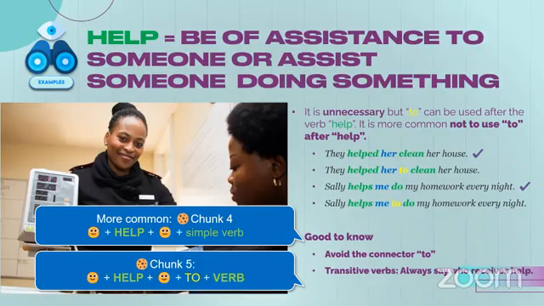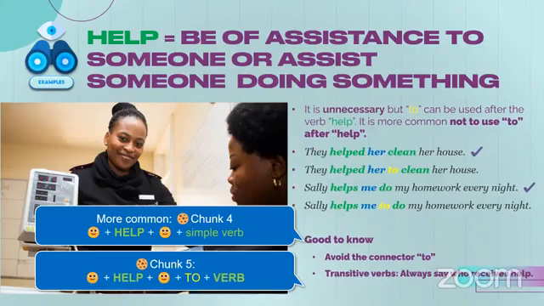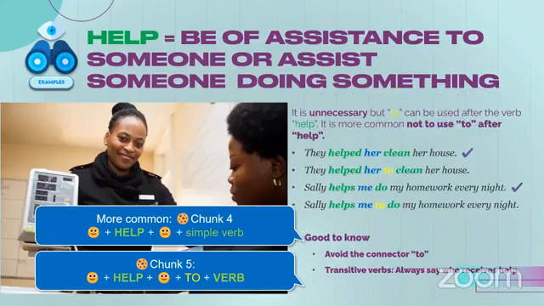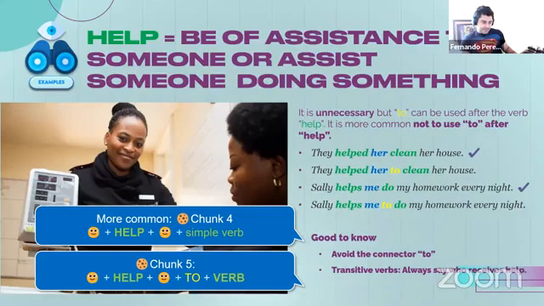And this is a very common mistake people make. I don't know if this is because we are Spanish speakers, because in Spanish you need a connector for the person who is the receiver of your help.